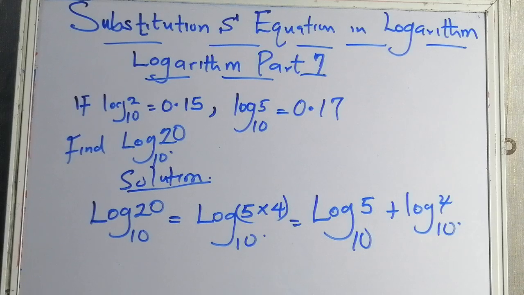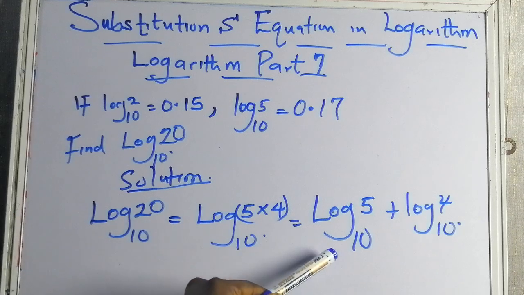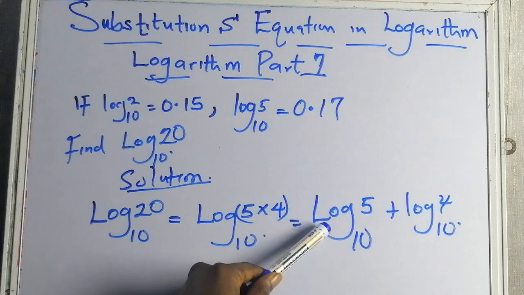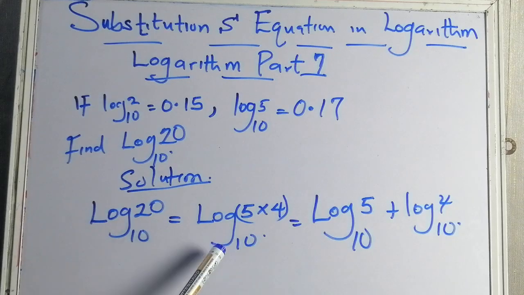If you apply the law of logarithm, you will still get the same answer as this. It's as simple as that. If I apply the law of logarithm, take one log and multiply, it's still the same thing. So what are we trying to do here?